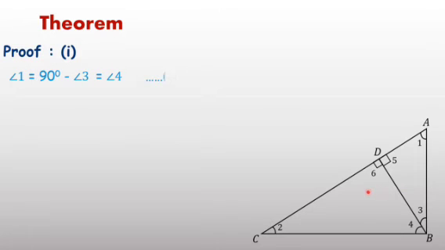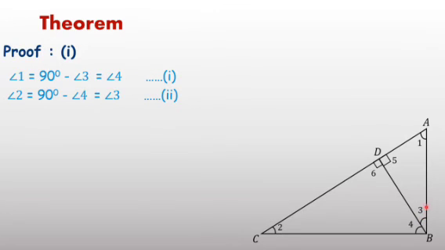In the first part, we have to prove these two triangles are similar to each other. For this, one thing you can observe: in right angle triangle ADB, this angle 5 is 90 degrees. Therefore, angle 1 we can write as 90 minus 3, because the sum of angles of a triangle is 180 degrees, and if one angle is 90 degrees, the sum of the remaining two angles is equal to 90 degrees.